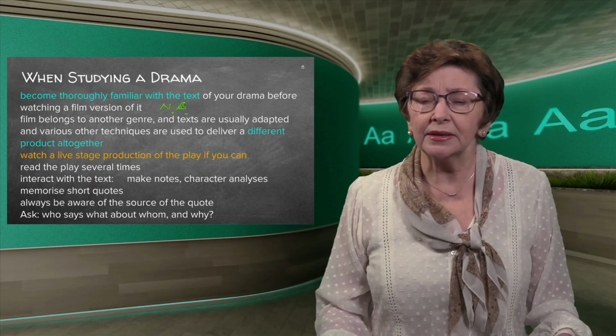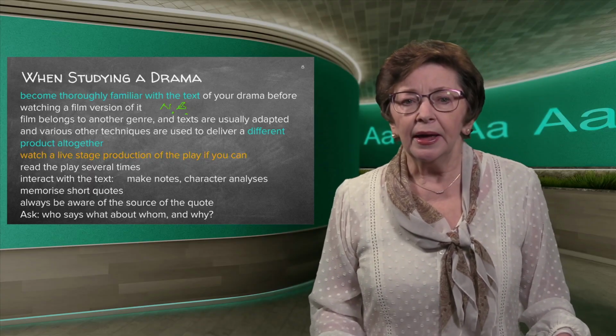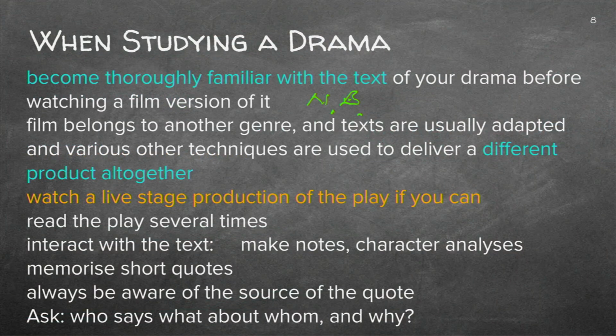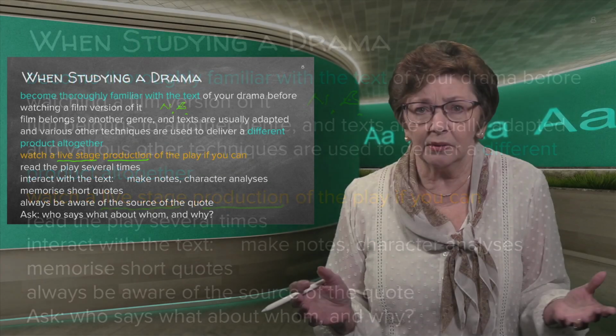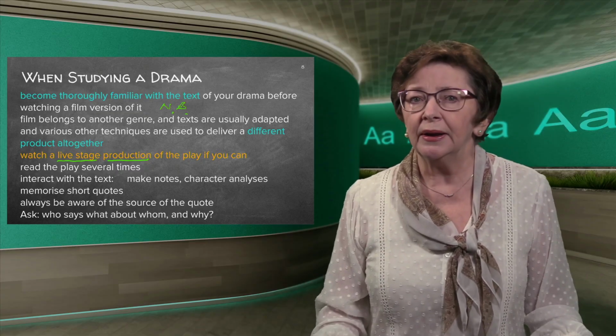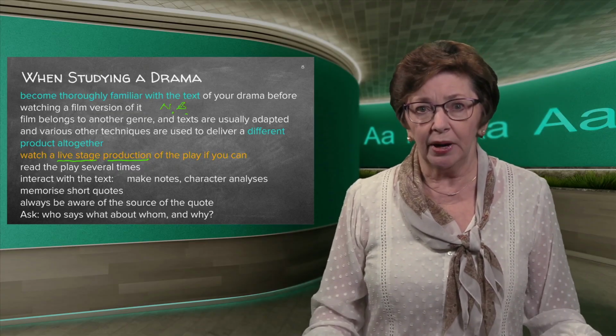However, it is highly recommended that you watch a live stage production, because isn't that exactly what the text is for? It's supposed to be acted out on stage. So if you can actually see a live production, if it's within your power to go and watch one, do so by all means.